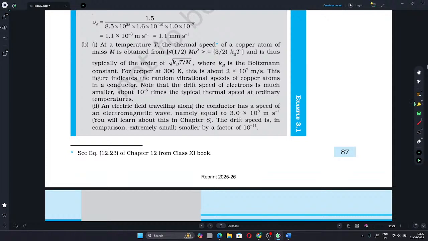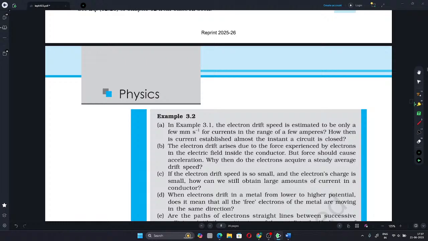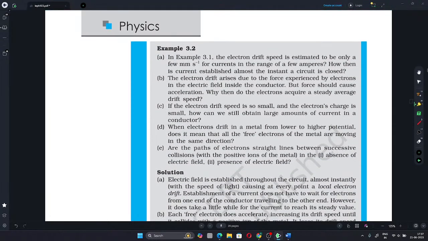The drift speed is in comparison extremely small, smaller by a factor of 10 power minus 11. In example 3.1, the electron drift speed is estimated to be only a few millimeters per second for currents in the range of few amperes.